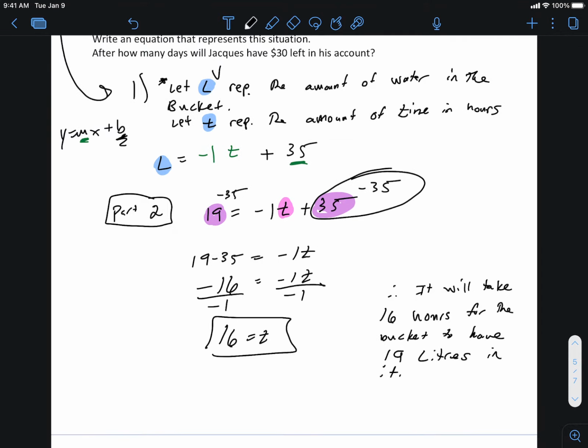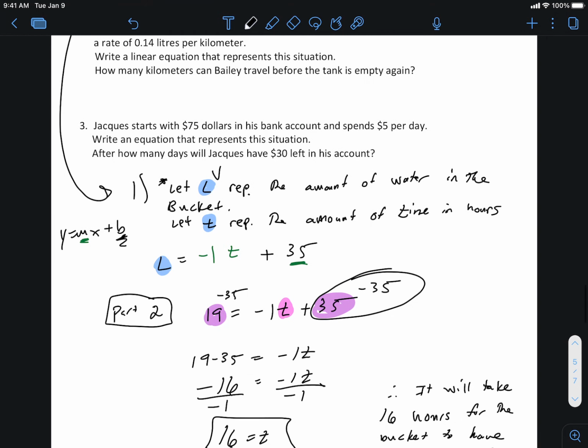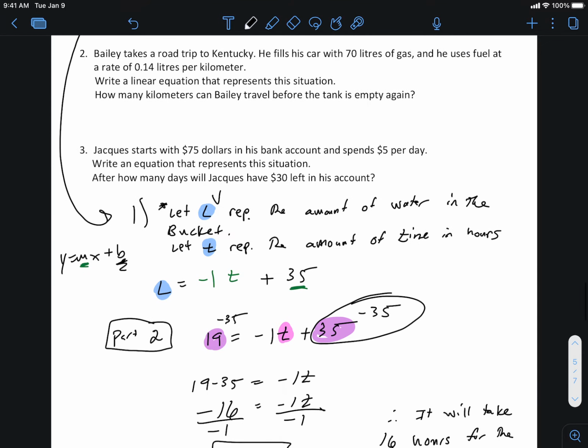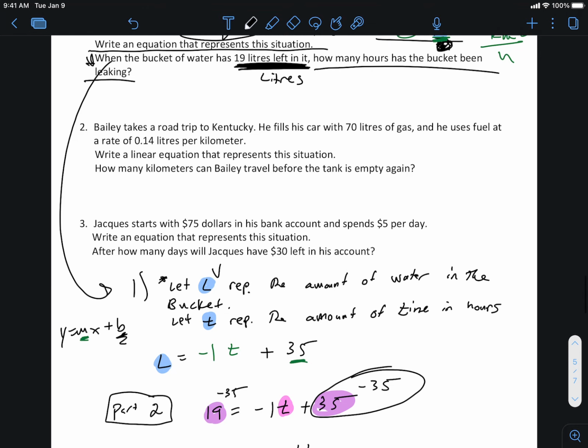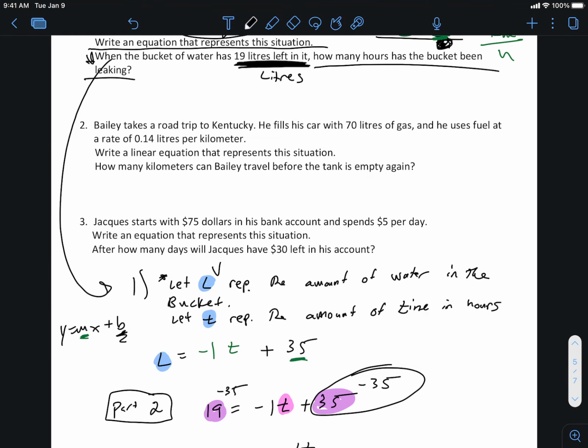Okay. These come down to identifying what's up. Looking at the word problem and then identifying what variables you're going to use. That's your let statements. This stuff really doesn't matter. You can just set them to be whatever you want, as long as it makes sense to you.